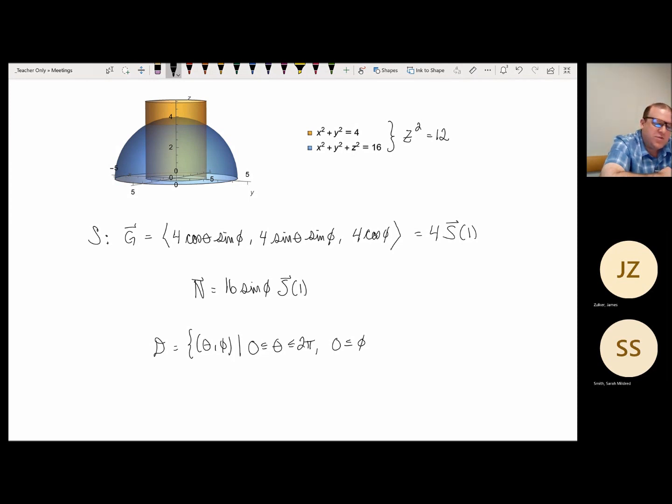At the intersection, z squared is going to be 12 because x squared plus y squared is 4. That means z is 2 root 3, positive because z has to be positive.